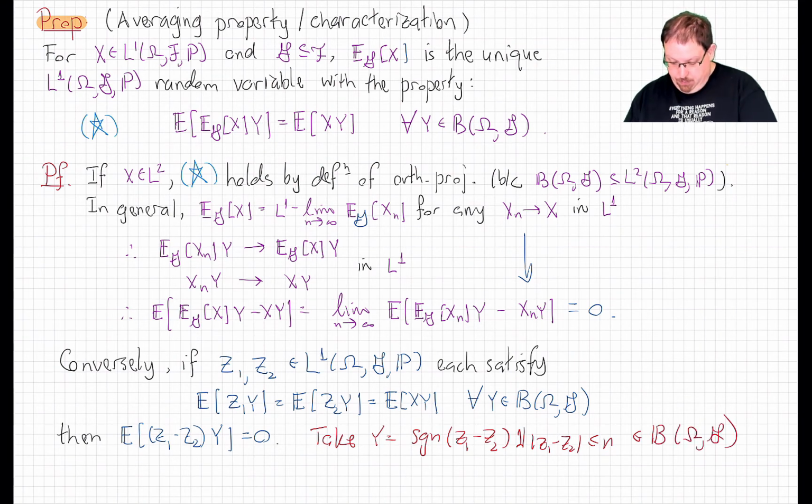And therefore, if we plug this function in for that y, we're going to get 0. But the signum of something times that something is the absolute value of that something, and so what we conclude from this is that the expected value of the absolute value of z1 minus z2 cut off appropriately is equal to 0.